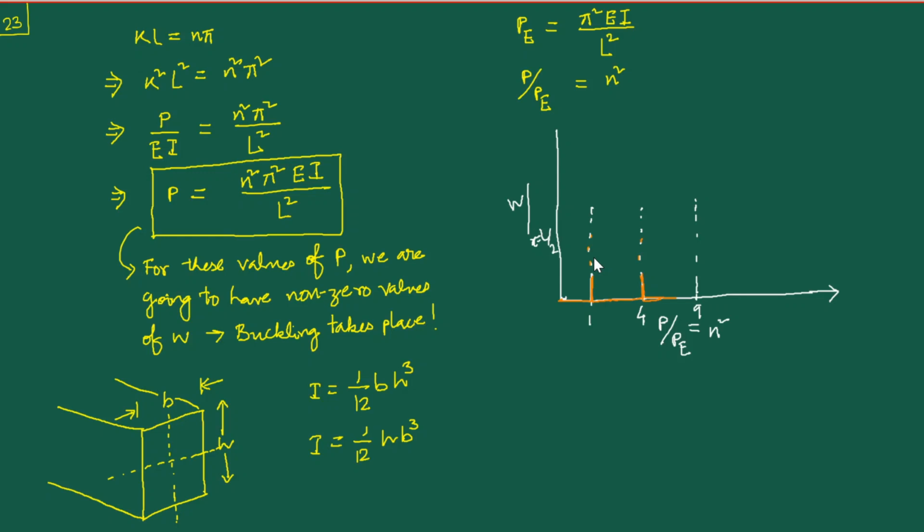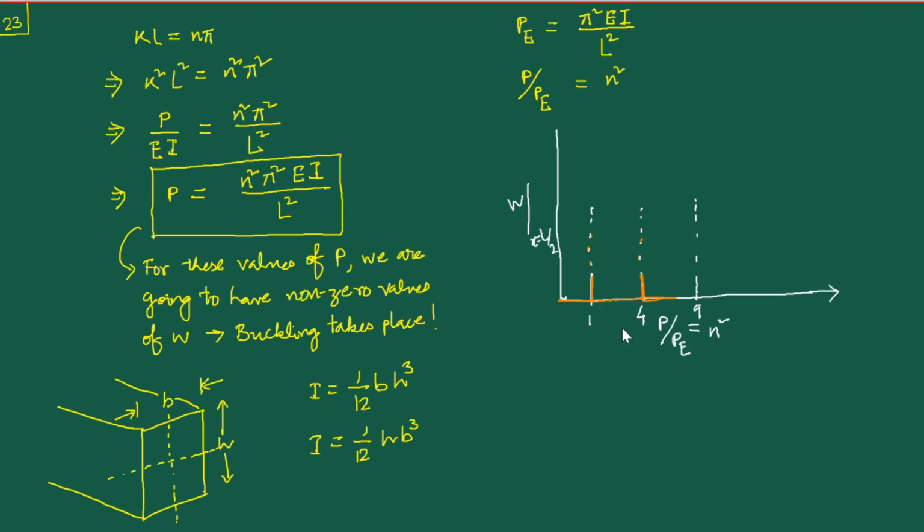That is the good thing about this theory, but at the same time this response diagram tells us that there is an issue with these non-predictions of buckling between the critical values.